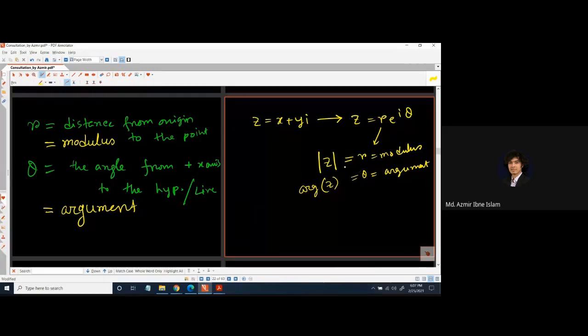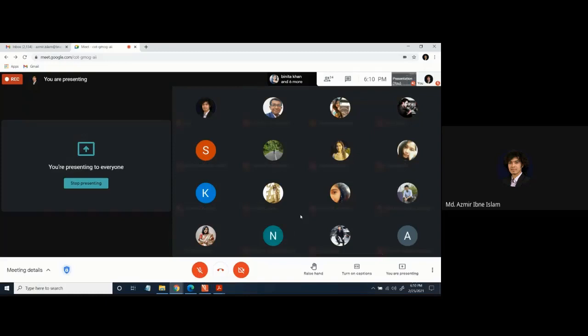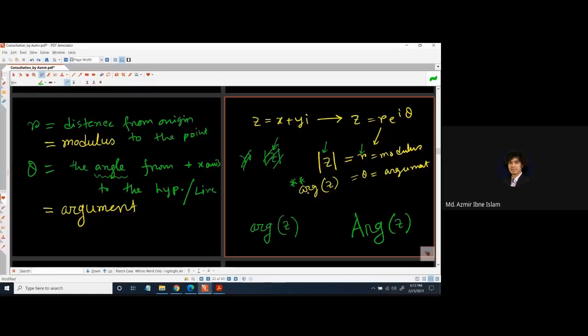For now, here one thing I need to mention, that there is a difference between arg of z and capital Arg of z. So you can see that small a and big A, small letter a and capital letter A. So there is a difference.